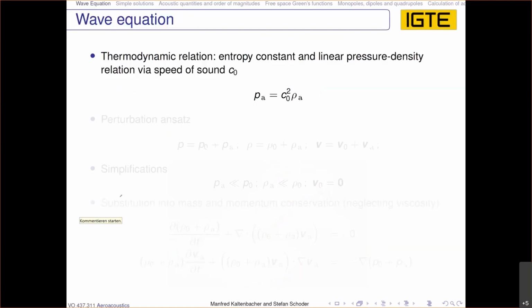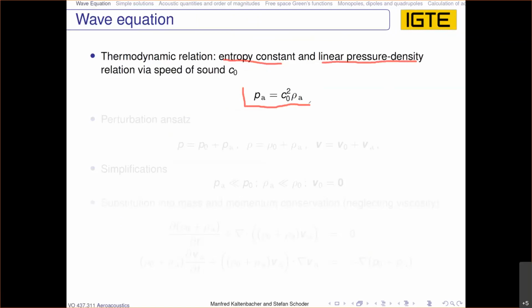And for us, it is very nice that we can reduce the whole very ugly conservation of energy in the sense that we have as a thermodynamic state that the entropy is constant. And we can define a very simple linear pressure density relation, which is just shown here.